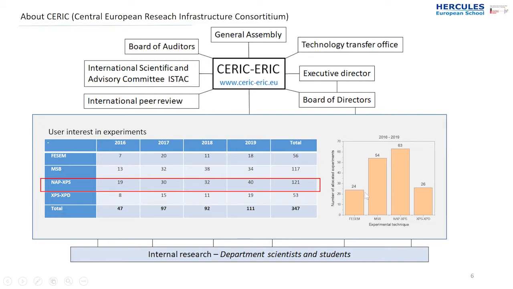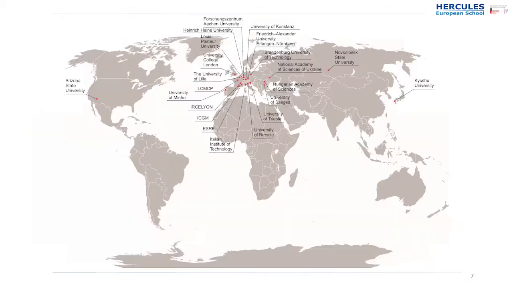And the number of actually allocated experiments, which means those actually conducted, is also quite a big number for near ambient pressure XPS. So it's a very popular technique among scientists from all around the world. And we hope it will stay like that in the future as well.